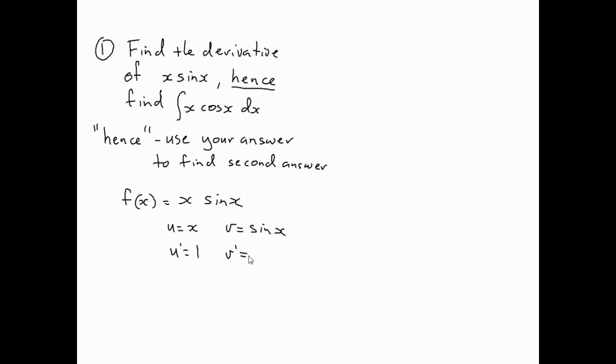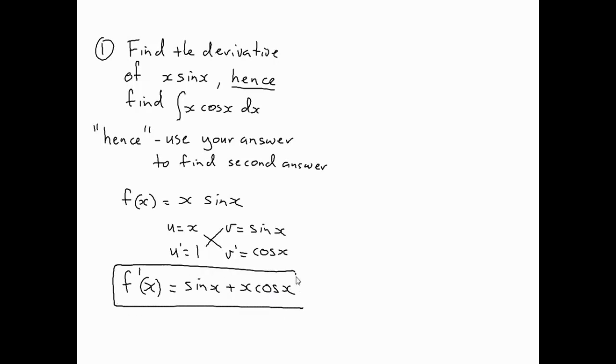The derivative of sine x is cos x. So our derivative becomes sine x plus x cos x. So there's part 1. The derivative is sine x plus x cos x.